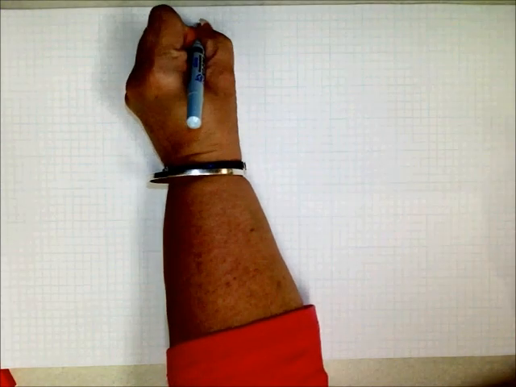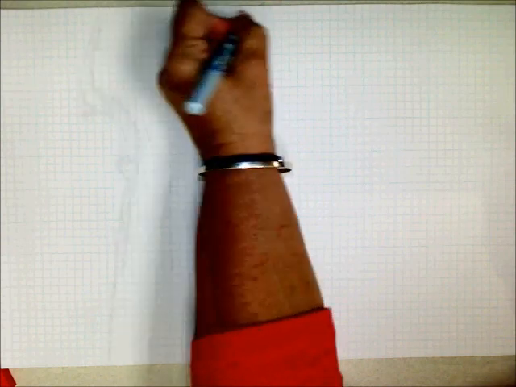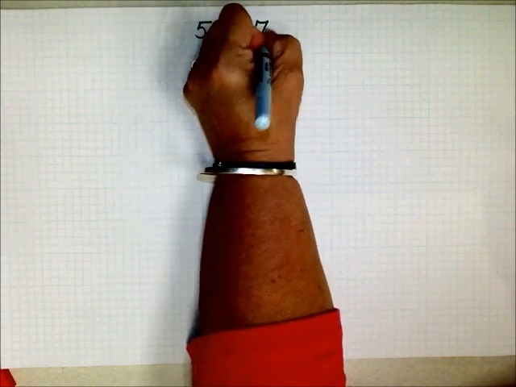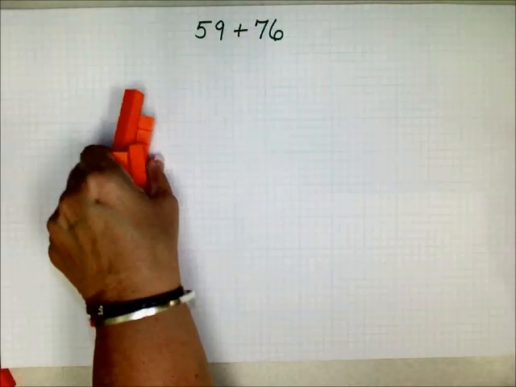For example, I might model the addition problem 59 plus 76. Okay, so to do that, I'm going to start out exactly like I did with the other problem. I'm going to model 59.